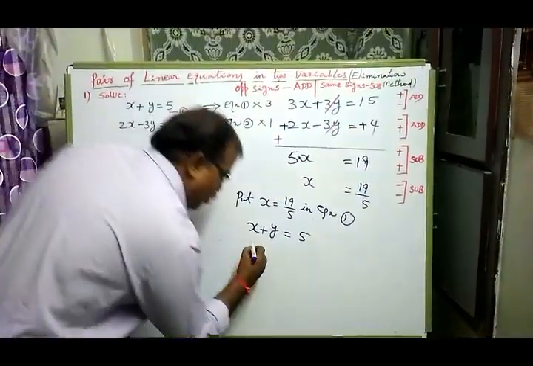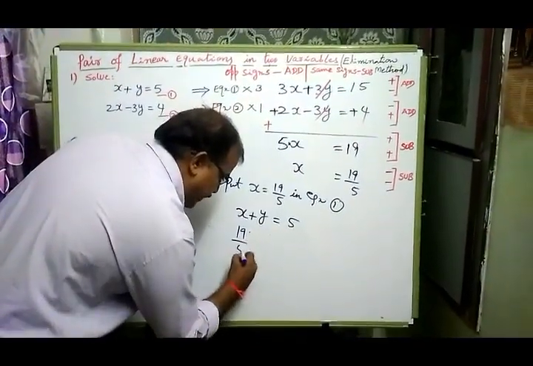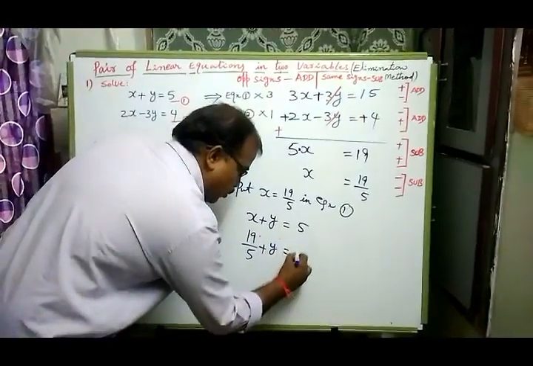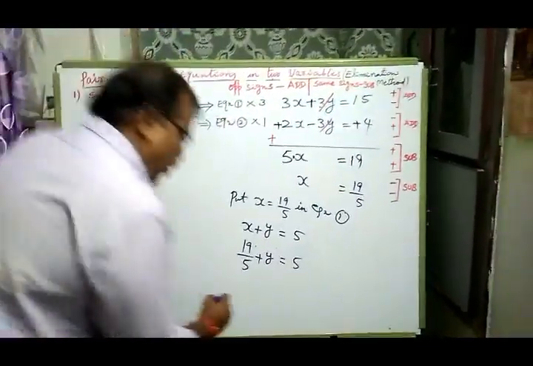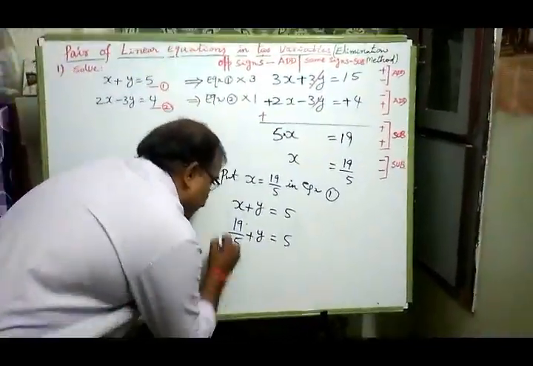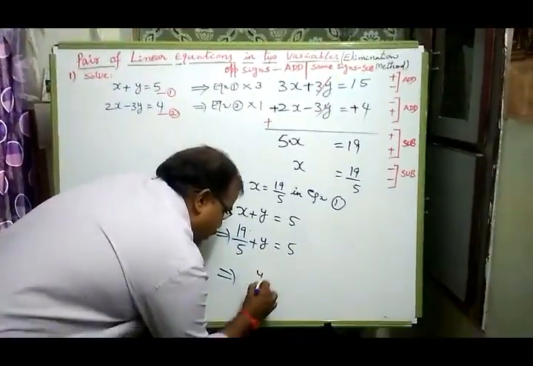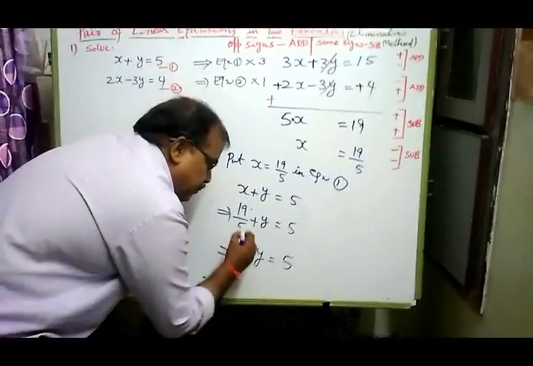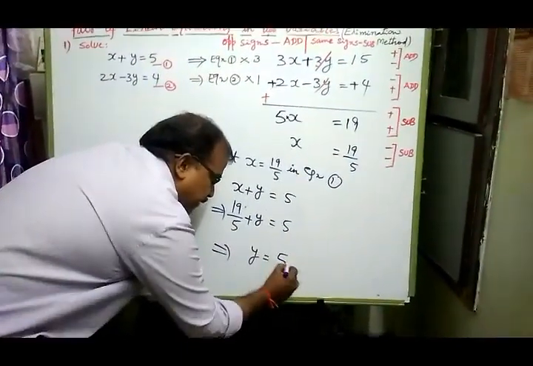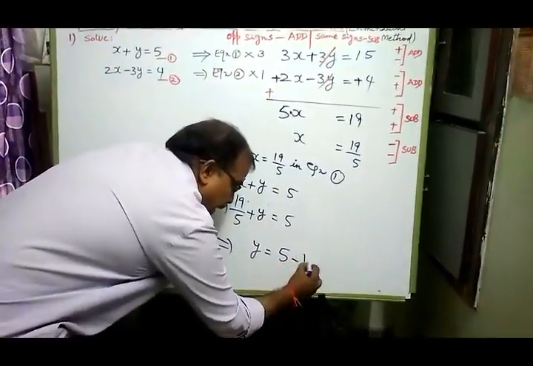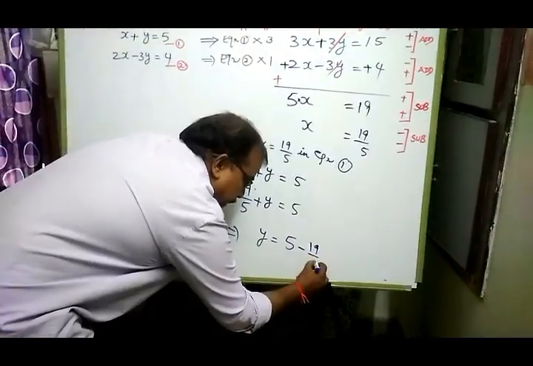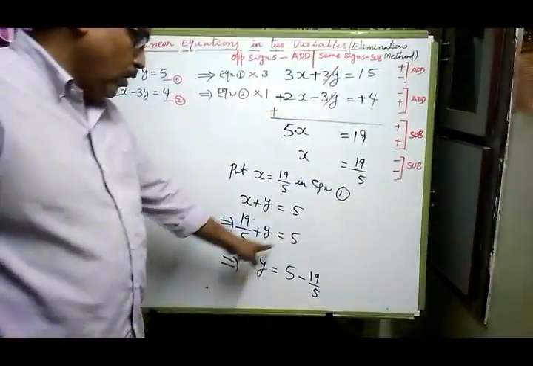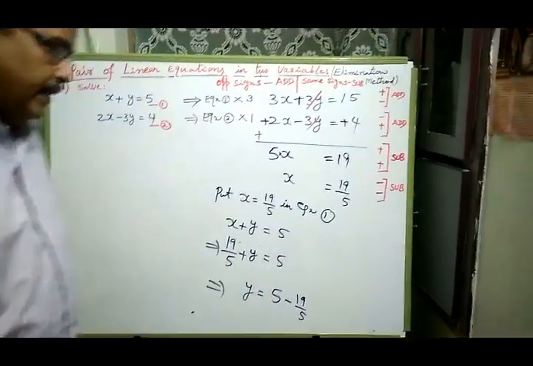So 19 by 5 plus y is equal to 5. Transposing 19 by 5, y is equal to 5 minus 19 by 5.